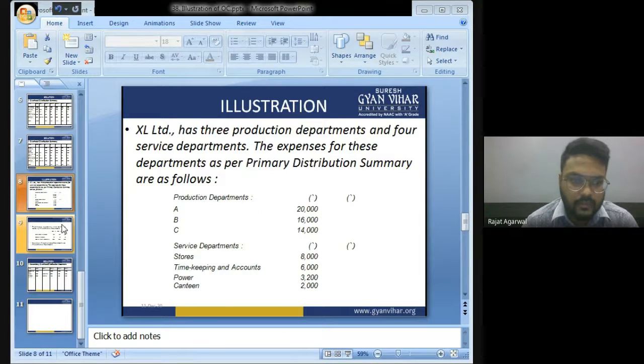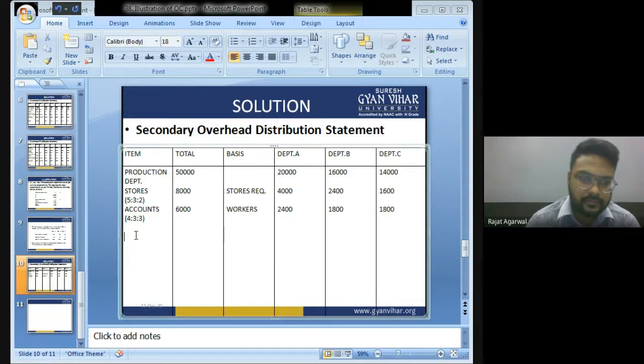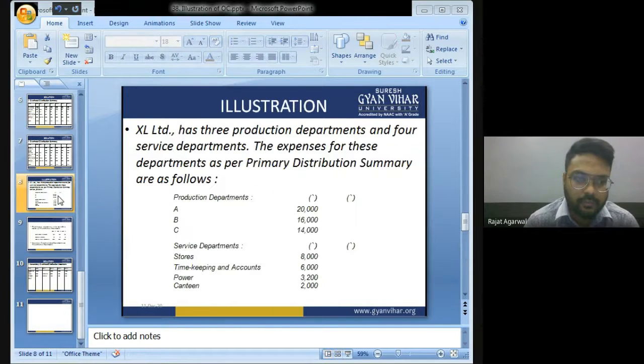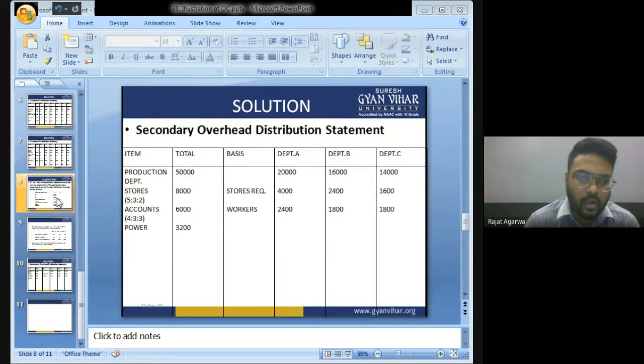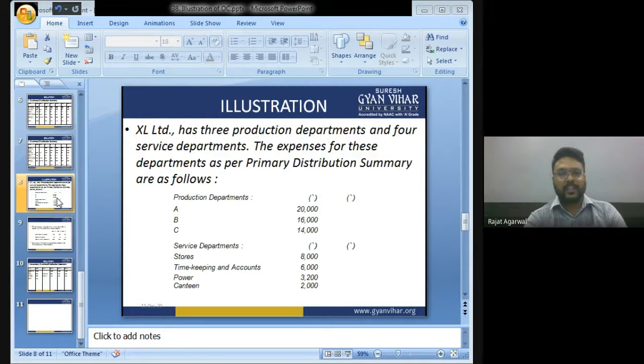After accounts, there is power. Total expense of power is 3,200. On what basis will we distribute the expense of power?